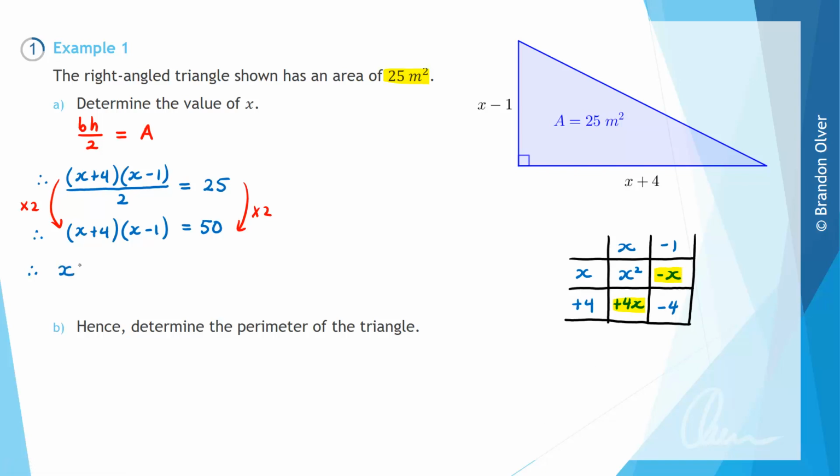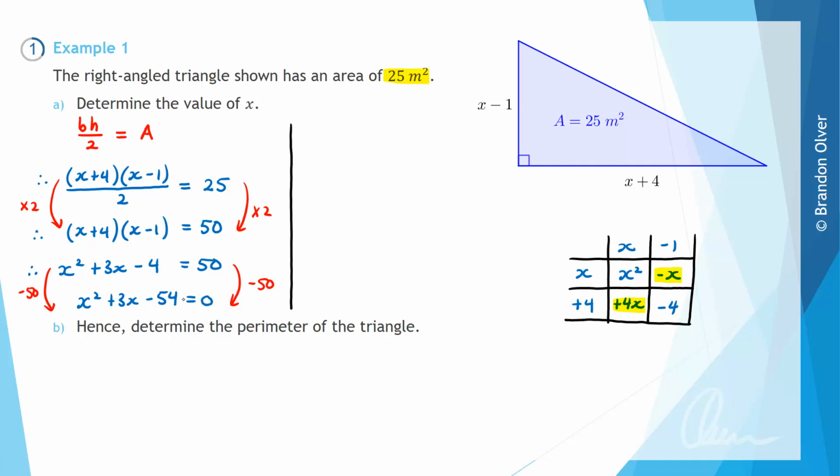Overall we'll have x squared plus 3x minus 4 is equal to 50. Whenever we solve a quadratic, we always want to get it equal to 0, so we subtract 50 from both sides of the equation. That means x squared plus 3x minus 54 is equal to 0.